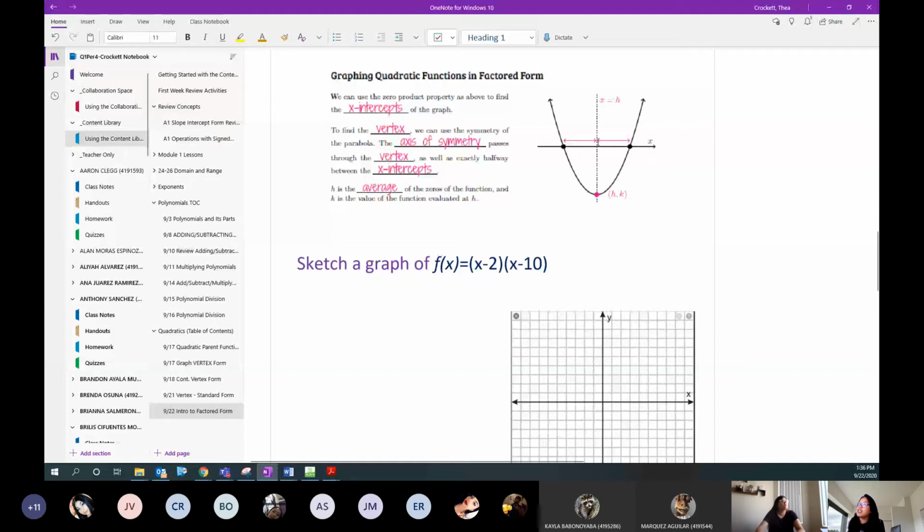Okay, so once we get the h, that's the middle x, we're going to plug it into the equation so that we get the k. So if our equation is f of x equals (x - 2)(x - 10), we're going to replace whatever we get for h into the x's and solve it to get the k.